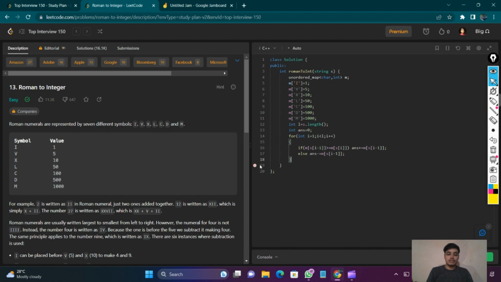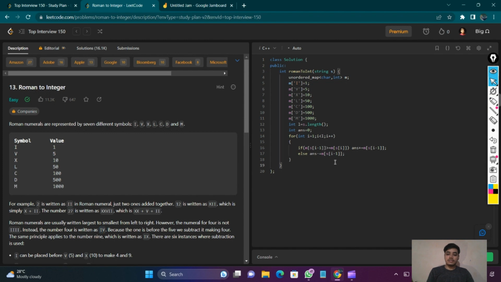And why we are doing this: you can see that in the first if condition we have been adding all the values till the second last value. And in the other condition, where the sequence is opposite, we are also adding till the second last position, but in place of addition we are doing subtraction. So we have to do so.